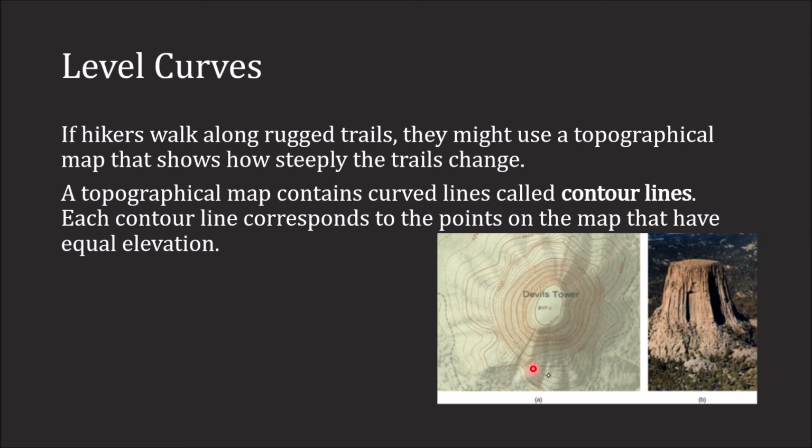And as we're getting closer, right, we can see that it's getting higher and higher until this one right here represents an elevation of 5,000. Which means as we move out from the center, it's getting less elevation. The elevation is decreasing. And then here is a picture of Devil's Tower.